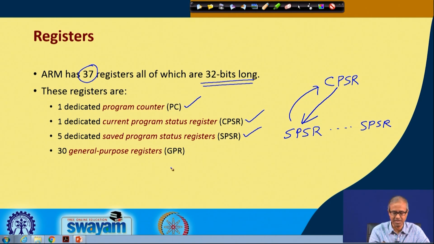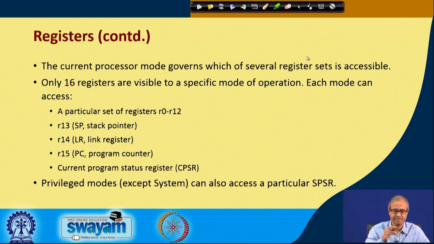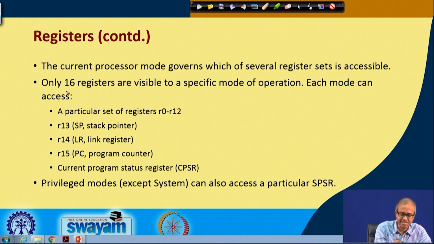These are named typically R0 to R29. Okay. Fine. Now, depending on the processor mode, it depends how many of these registers you can actually access. Now, 16 registers are typically visible in a specific mode of operation. These 16 registers are as follows.